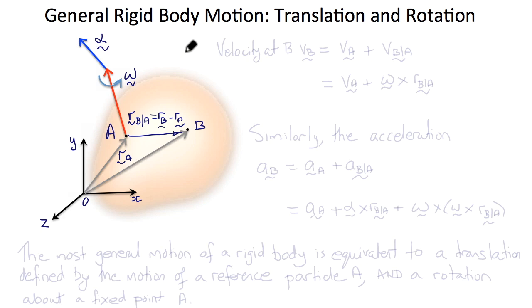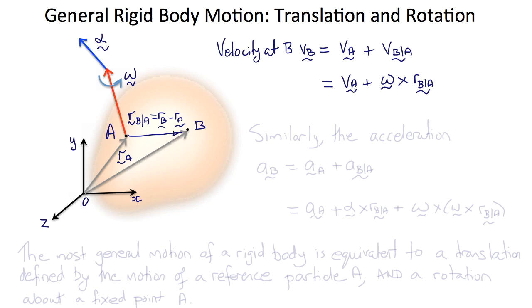So the velocity at point B, v sub B, equals v sub A plus the velocity of B relative to A, which equals v sub A plus omega cross r of B relative to A.